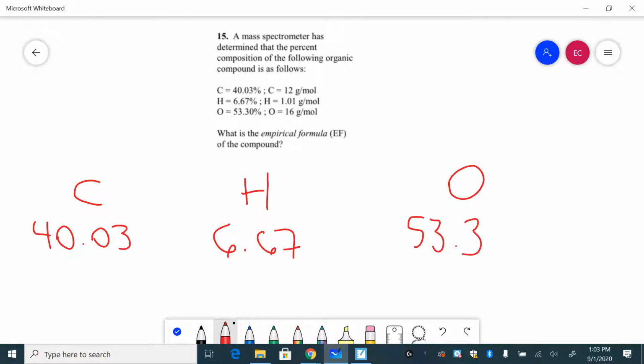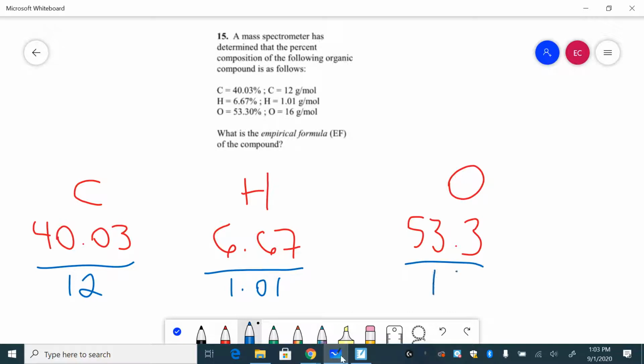So what you're going to do now is, I've got 12 grams per mole of carbon, so you're going to divide the first one by 12 because that's for carbon. Hydrogen, I've got 1.01, sorry, so I'm going to divide by 1.01. And oxygen, it's 16.